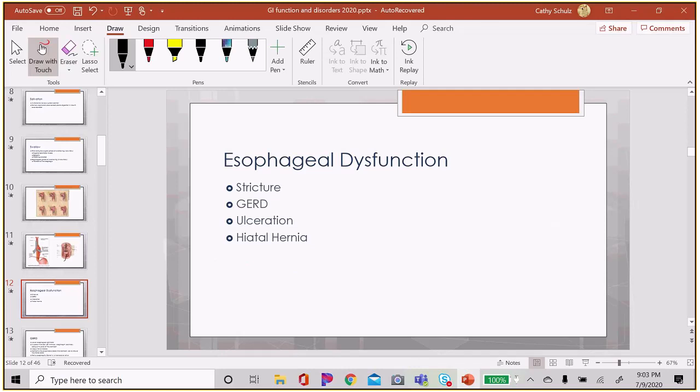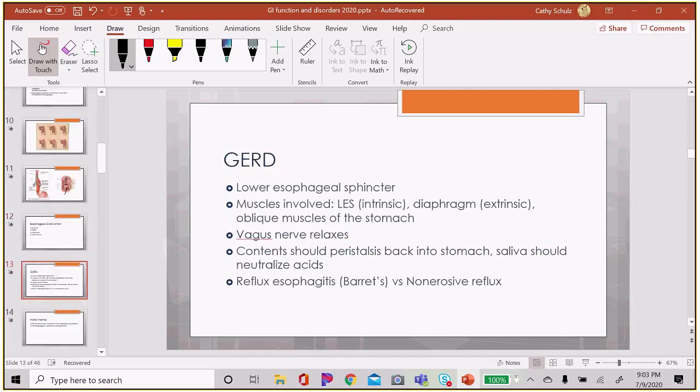Esophageal dysfunction could be related to a stricture or reflux disease, ulceration, or hernia. GERD is gastroesophageal reflux disease, which means there's a dysfunction of the lower esophageal sphincter.